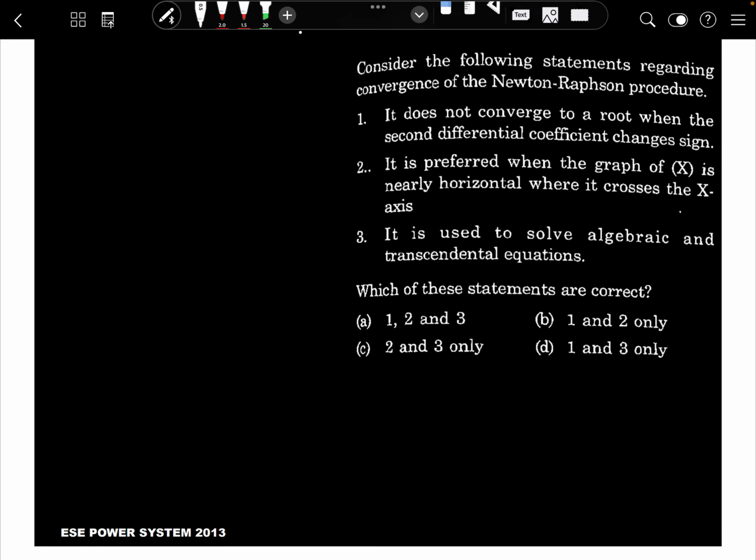Next, consider the following statement regarding convergence of the Newton-Raphson procedure. Now if we say Newton-Raphson procedure, firstly I write some information.